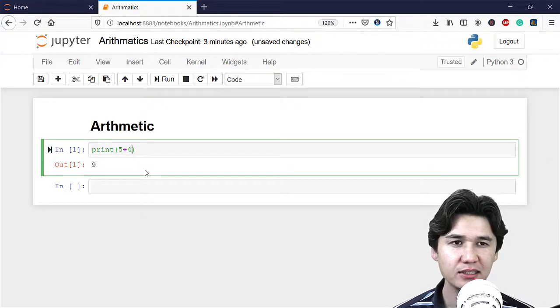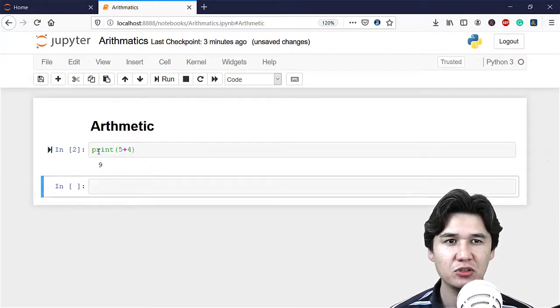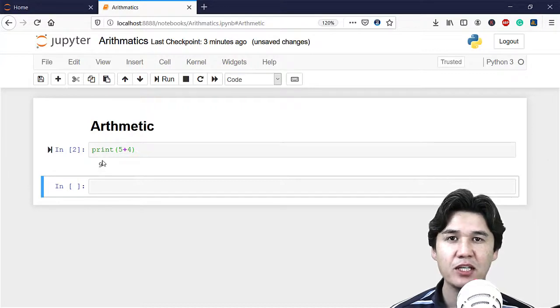Since we are using integers in the print, we don't need to use quotation marks.